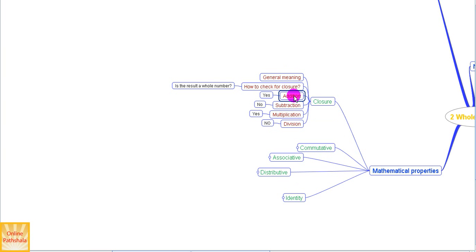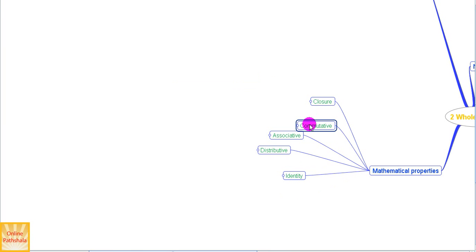We found out that whole numbers are closed under addition and multiplication, whereas whole numbers are not closed under subtraction and division, which means that subtraction and division may lead to numbers which are not whole numbers. That was about closure property.